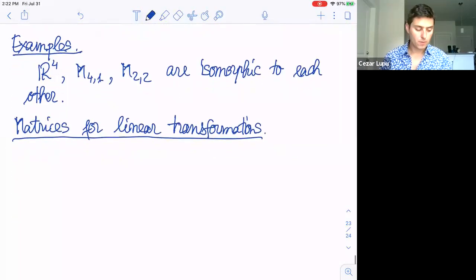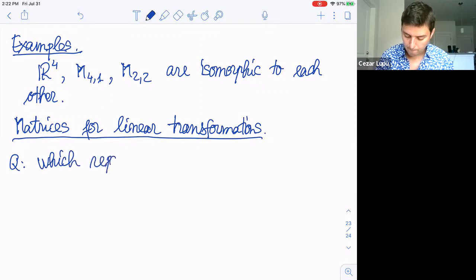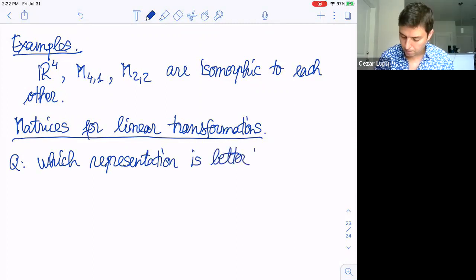Okay. The question is, and I want to be clearer about what I just said earlier. Maybe I was a bit vague. And now I want to be specific. Which representation is better? And I'm going to represent a linear transformation 2 ways.